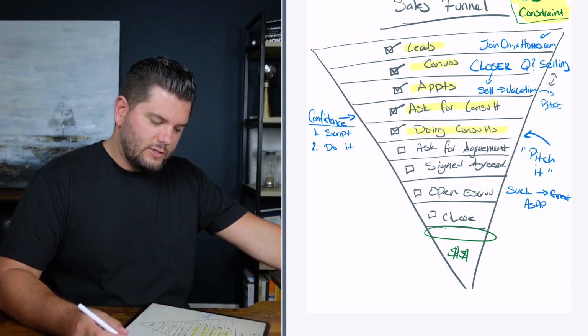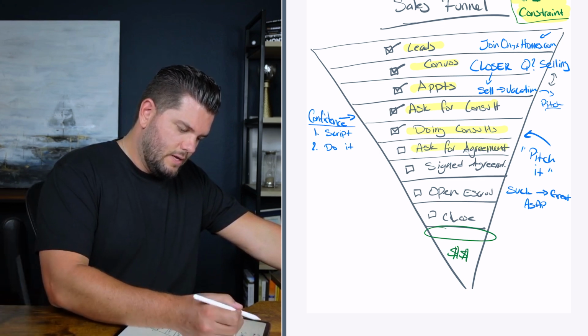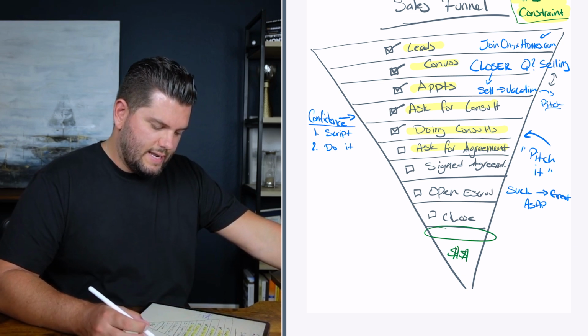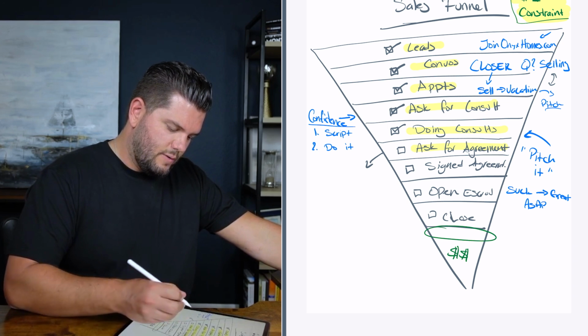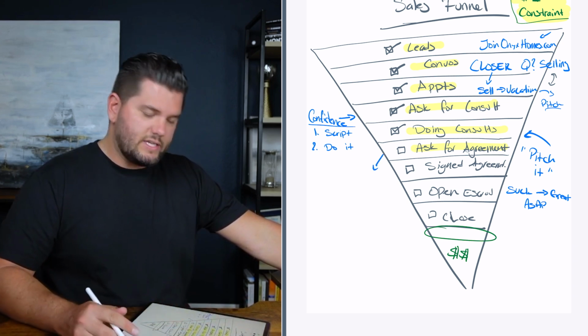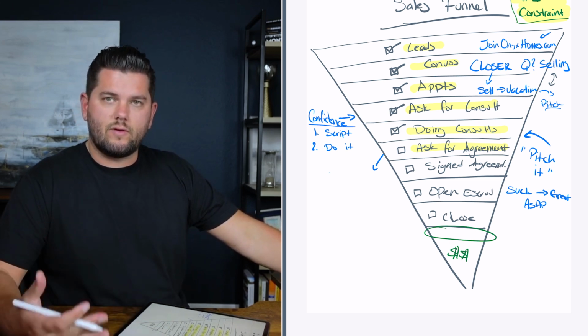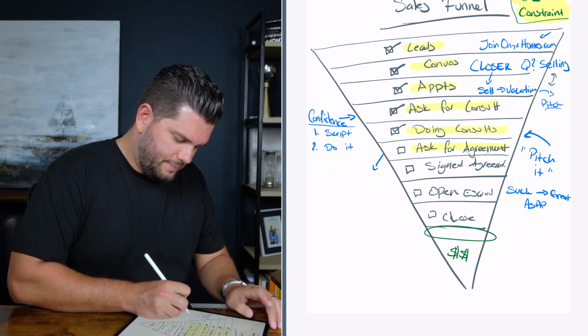Now, when you're doing the consult and you're asking for the agreement, now we're down here. This one is getting a little bit more complicated, because this is when we're starting to go in for a close. Let me put my blue back in here. In this one, we are asking for the agreement. So for us, we have pitch it.